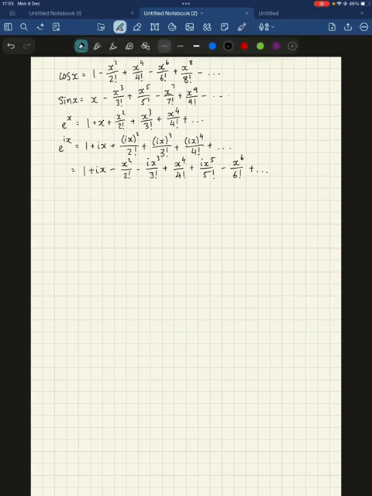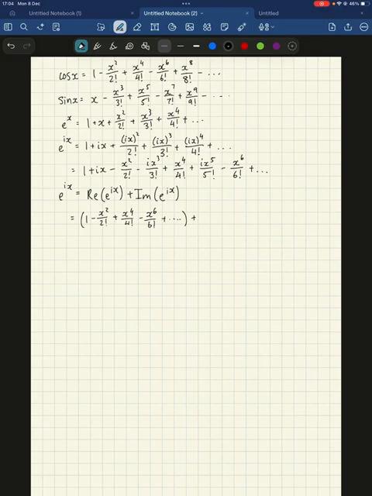part. So what we can say is that e to the ix is the real part of e to the ix added to the imaginary part of e to the ix. Because we're not subtracting or removing any terms, we're just rearranging them. So the real part of e to the ix is 1 minus x squared over 2 factorial plus x to the power of 4 over 4 factorial minus x to the power of 6 over 6 factorial, and so on.